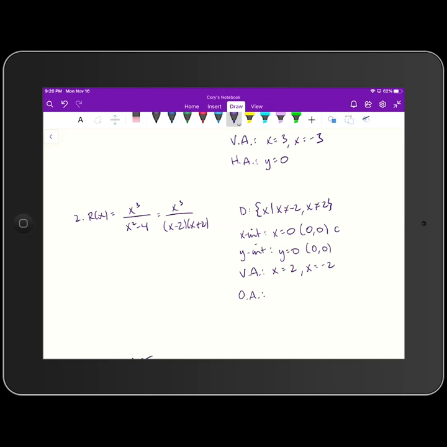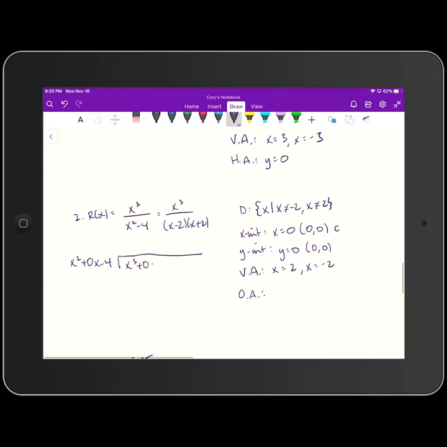Okay, so if we want to find the equation of the oblique asymptote, I have to long divide the denominator into the numerator. So I need to long divide x squared plus 0x minus 4 into x cubed plus 0x squared plus 0x plus 0.